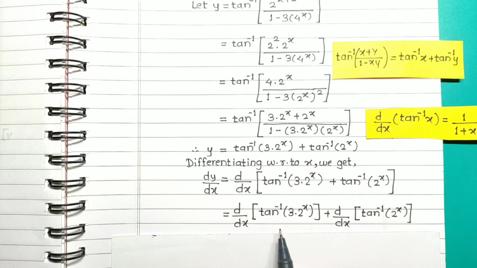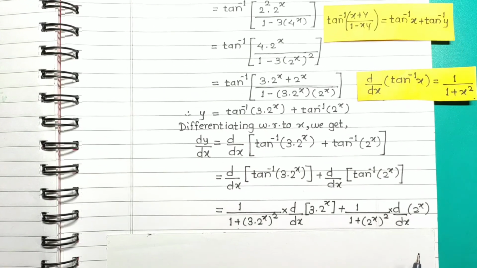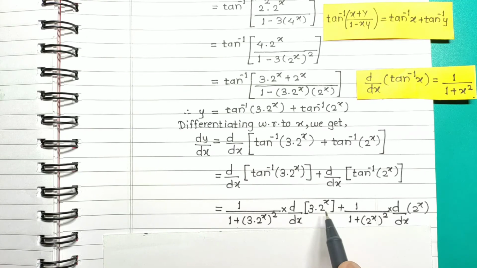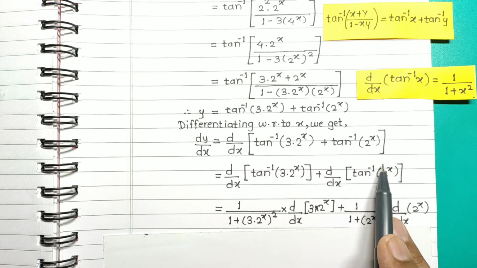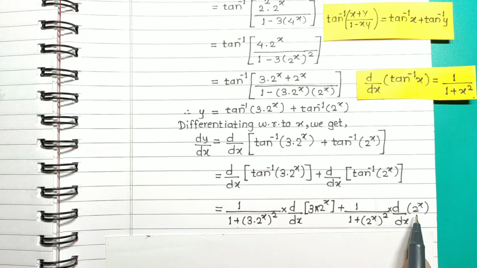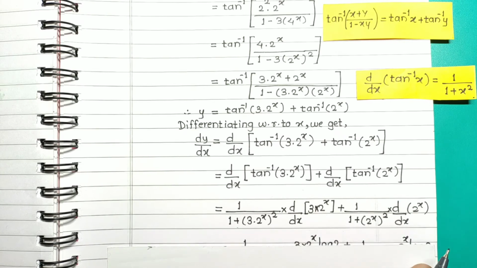So the derivative of tan inverse of something is 1 upon 1 plus something square into the derivative of something, and that something function is 3 into 2 raised to x. Okay, then we have to write down the derivative of this tan inverse of something. So it is 1 upon 1 plus something square into the derivative of something, and that something function is 2 raised to x.